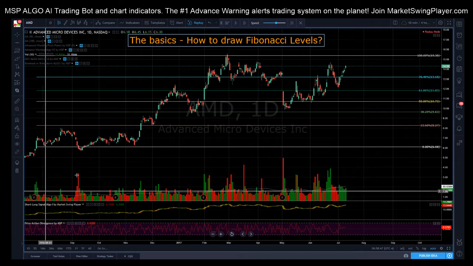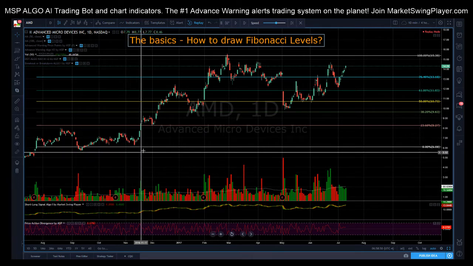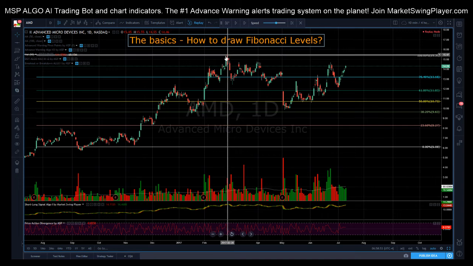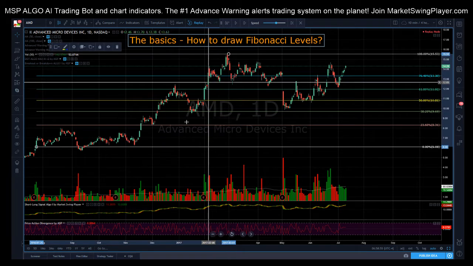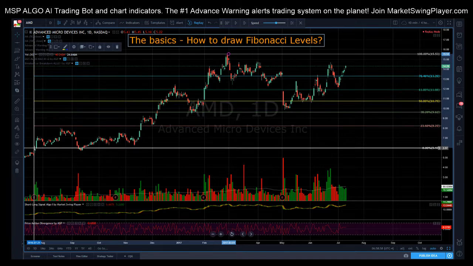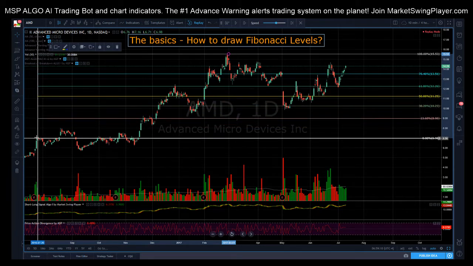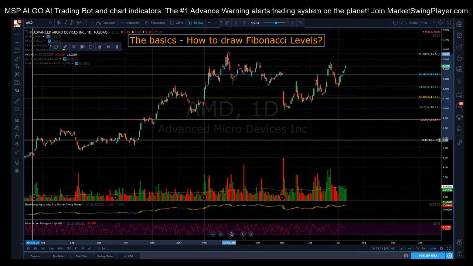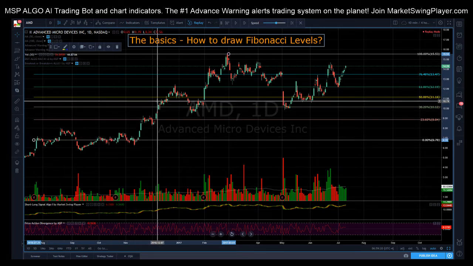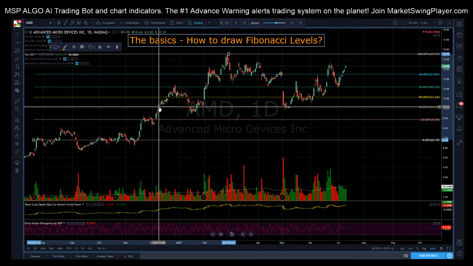Or you could just redraw it from that bottom to the top. Now, the bottom of price action does not necessarily mean the bottom per se. It could be some sort of flush or something. So that's why you want to look at your lines in relation to price action to see if price is moving like it's respecting your levels.